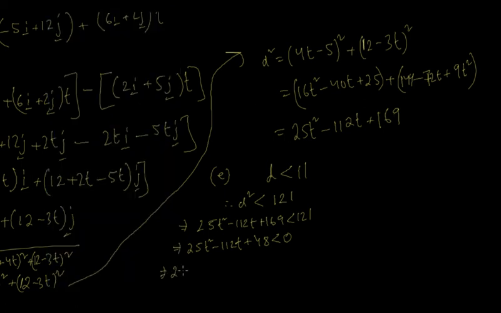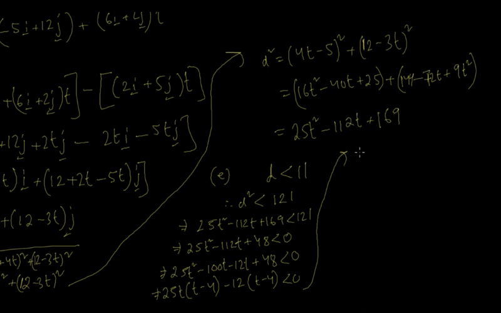So this would be minus 100t minus 12t plus 48 less than 0. That means if I take 25t common, this would be t minus 4. If I take 12 common, this would be t minus 4. So let's do it here. So this would be t minus 4, 25t minus 12 less than 0.